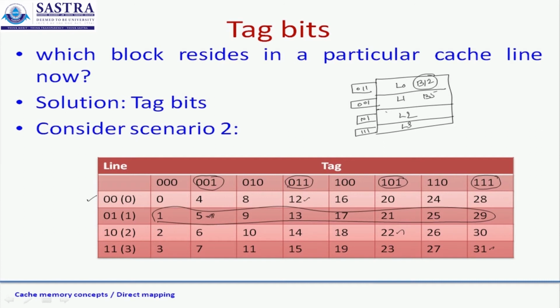Similarly, this one is 101, line number 2, block 22 is present. 111, block 31 is available in line number 3. So that is the importance of the tag bit. Without the tag bit, we don't know which block is available on a particular cache line at present.